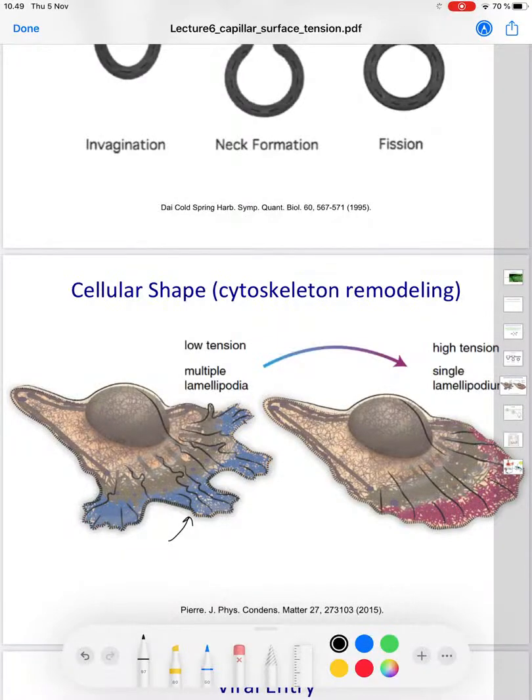Remember, the energy needed to deform the membrane is proportional to the surface tension. If, however, the surface tension is high, then a single lamellipodium will form, like this here. So the cell can control the number of lamellipodia and its movement in one direction based on actin remodeling near the membrane in this region and also the tension in the membrane.